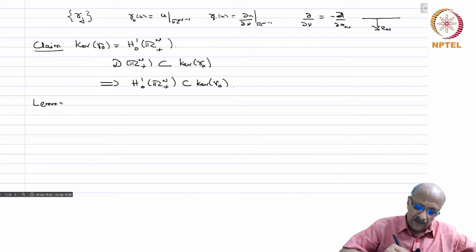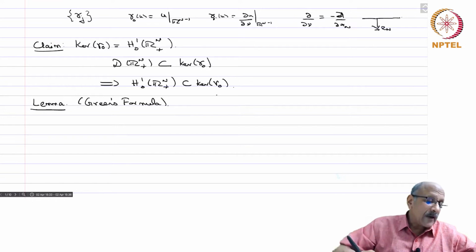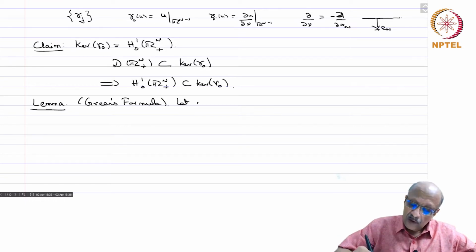So we have a lemma. This is Green's formula, which we have used many times, integration by parts. Let u, v belong to H^1 of R^n plus.